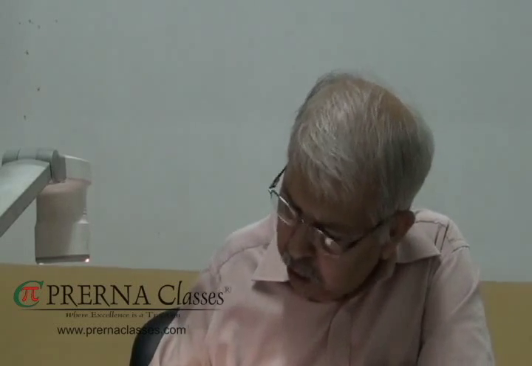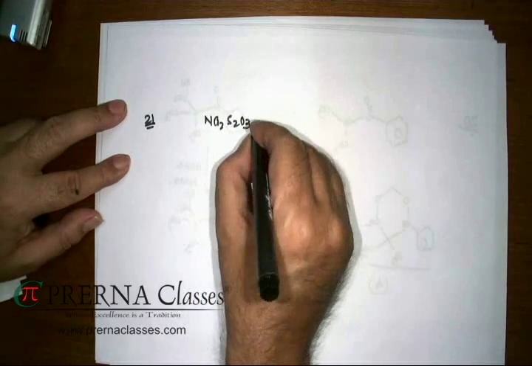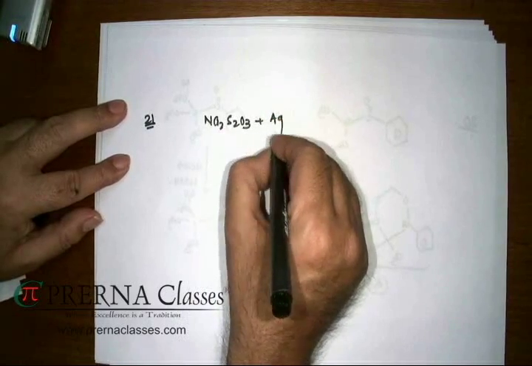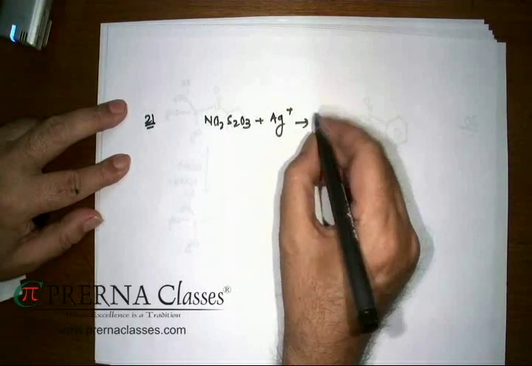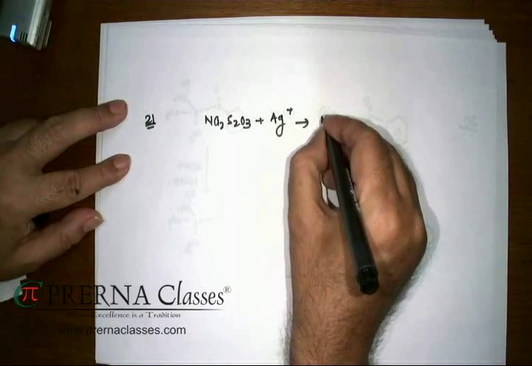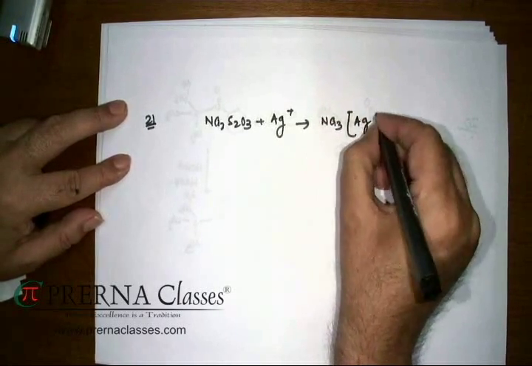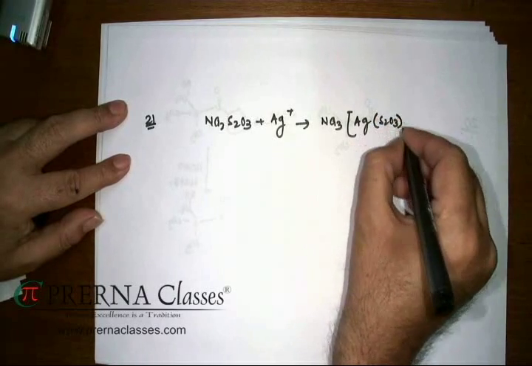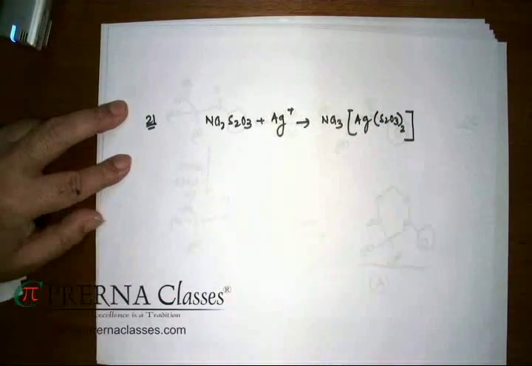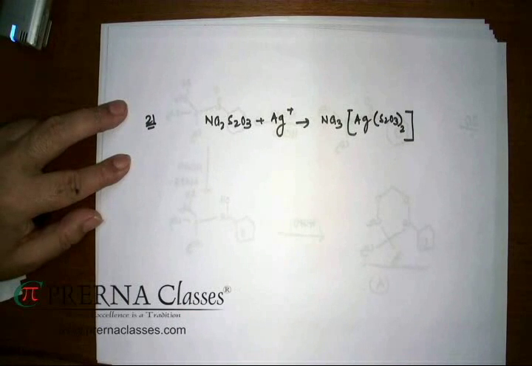Number 21. You have S2O3 minus 2, that is Na2S2O3. This with Ag plus will give you this complex.